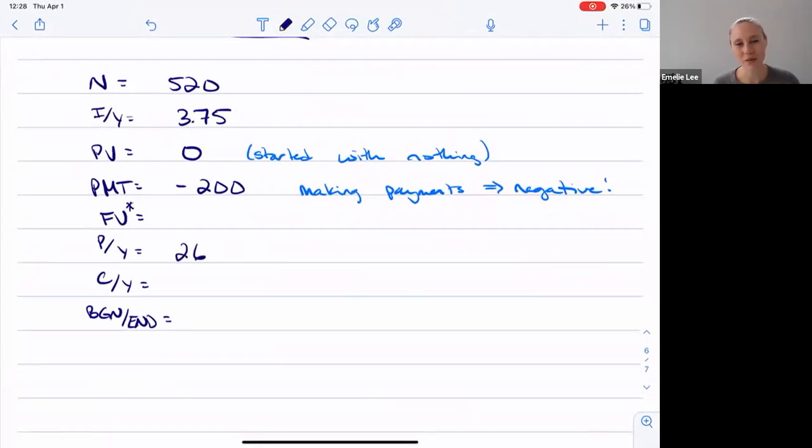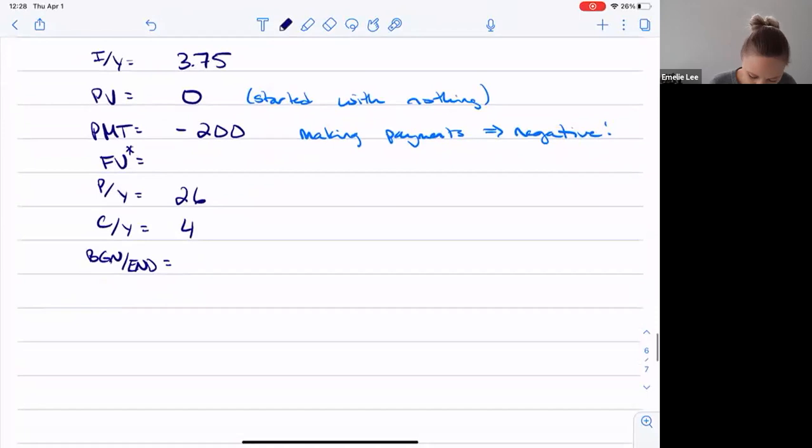Whereas the compoundings per year, I think, was quarterly. Let me see if I have that example. Quarterly, yeah, so 4. And the payments are being made at the end, but also we haven't talked about beginning yet, so far it has to be at the end.